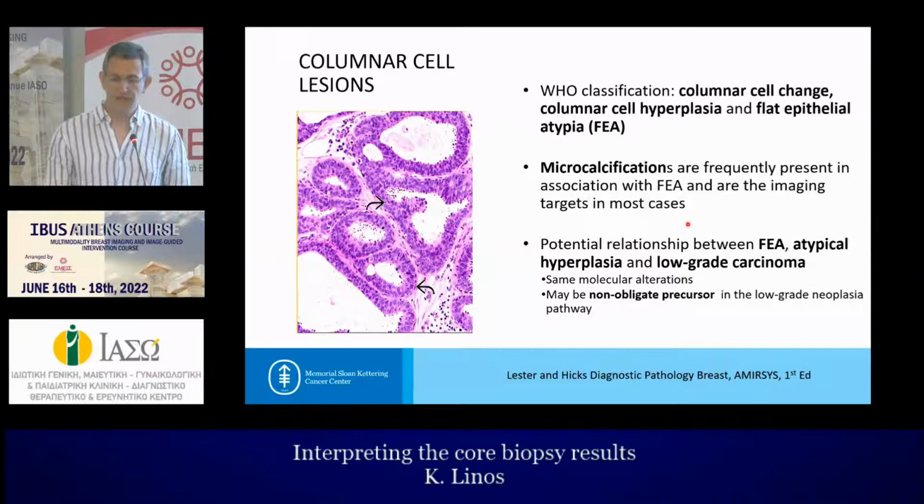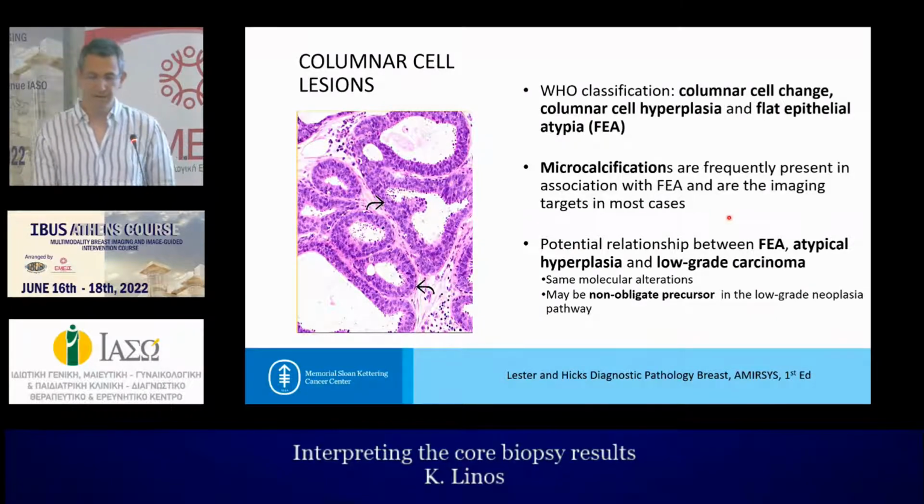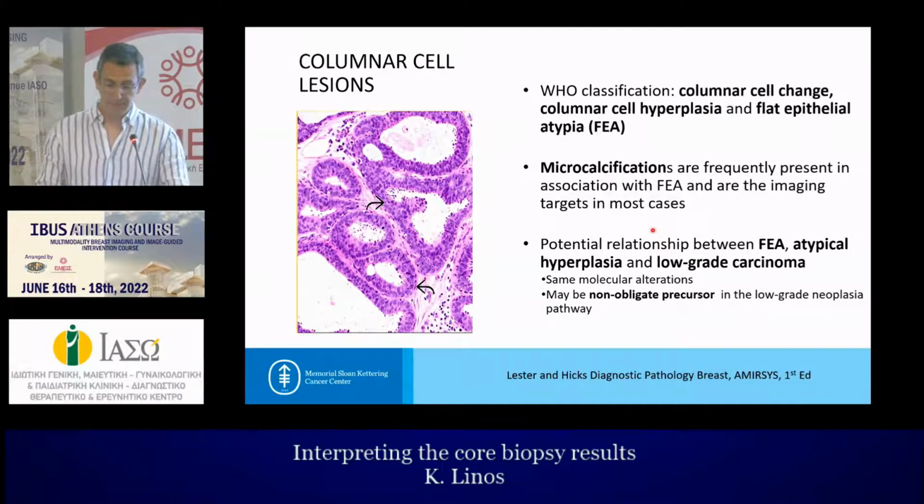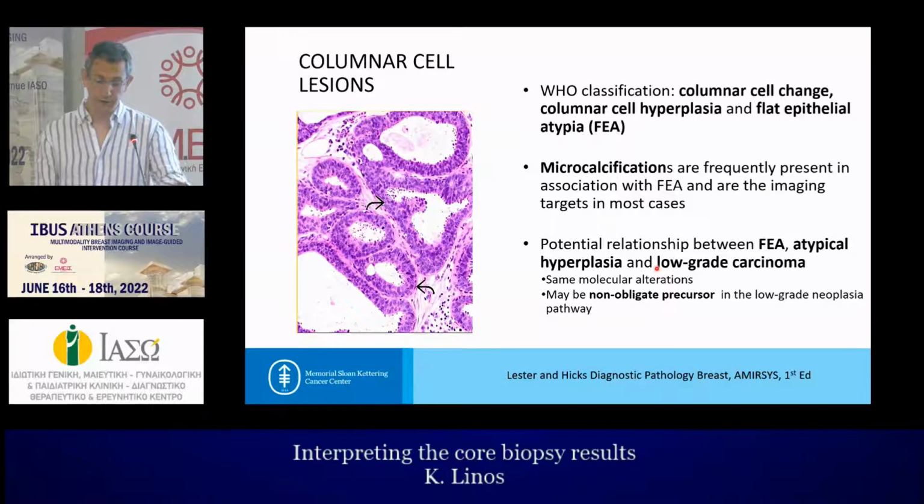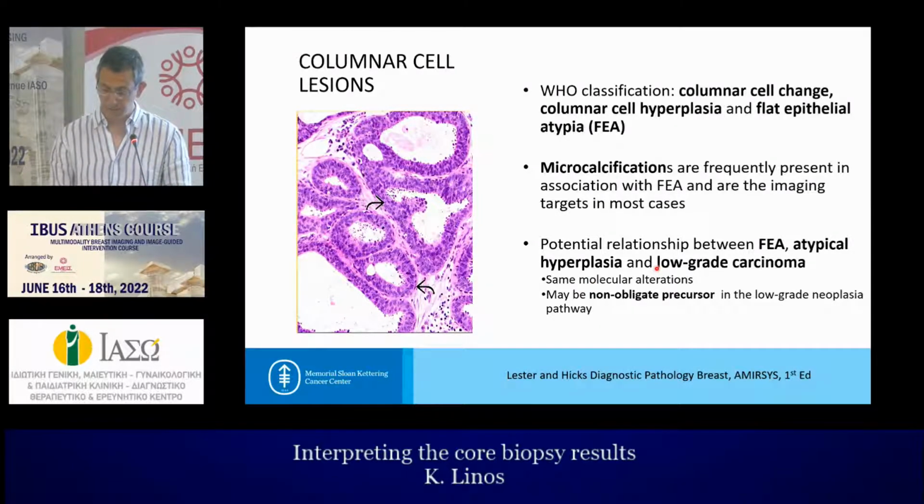There is a potential relationship between flat epithelial atypia, atypical hyperplasia, and low-grade carcinoma. People have looked at this, and they have very similar molecular alterations. So columnar cell lesions are probably a non-obligate precursor for the low-grade neoplasia pathway.